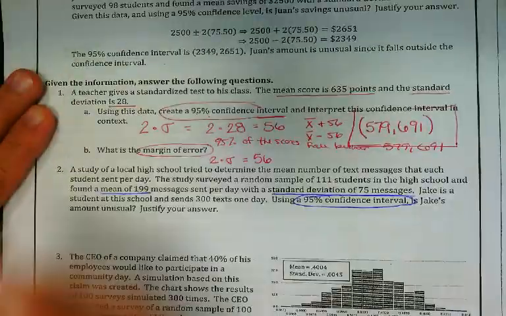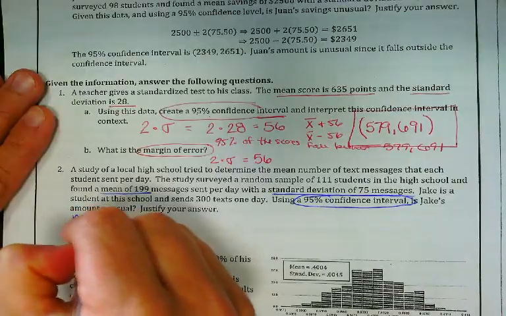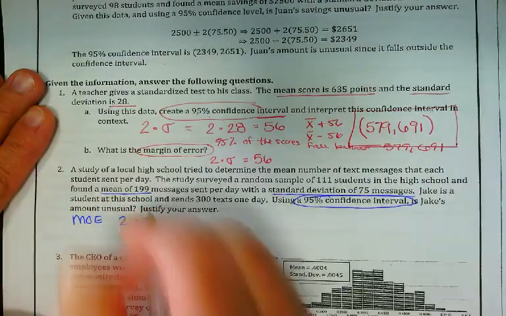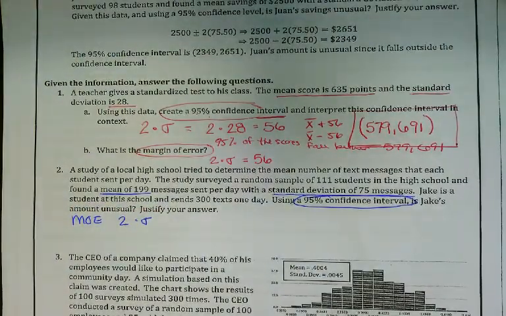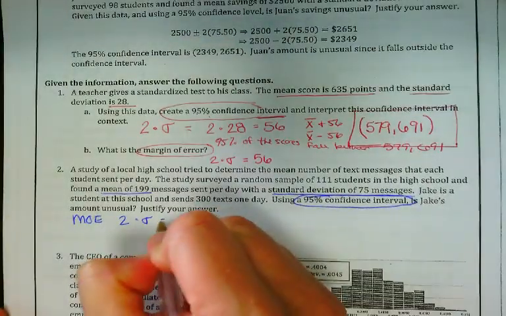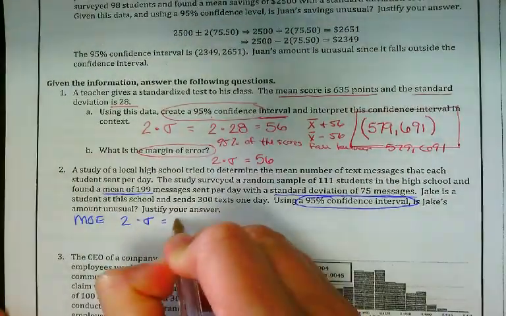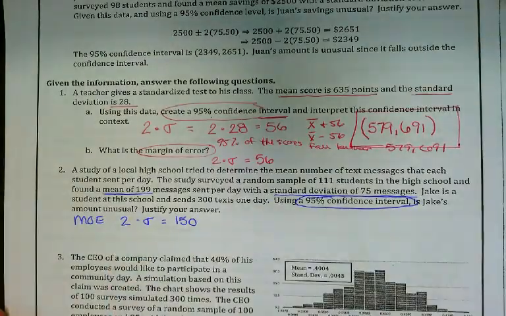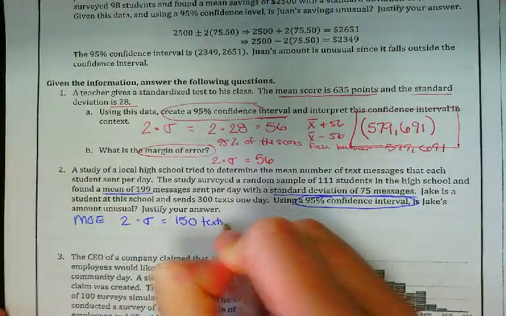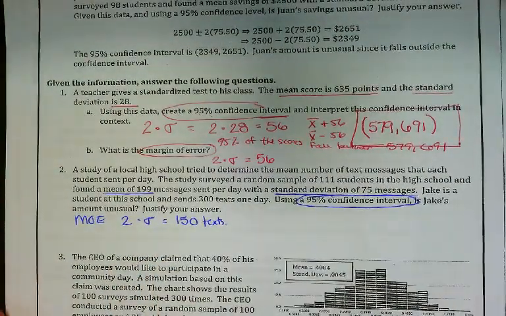So take a minute. First, get your margin of error. That's your 2 times your standard deviation. So our margin of error should be 150 sounds great. So 150 texts, just so we're talking units of the problem.